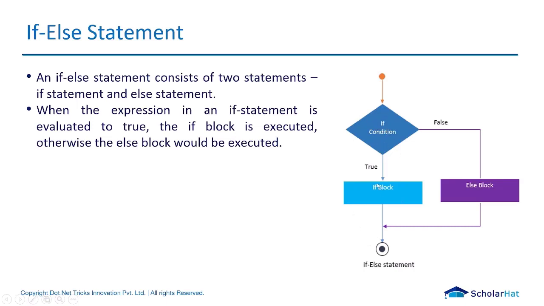If it is true, then this blue block will be executed. If it is false, we were ending the program, and this block will not be executed in the previous example. But when we write if-else together, then if it is not true, the else block will be executed. This is what's going to happen here.